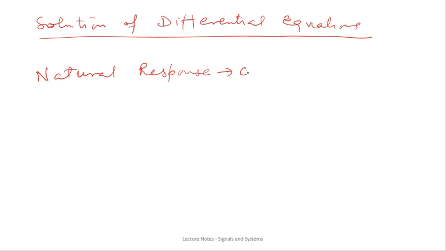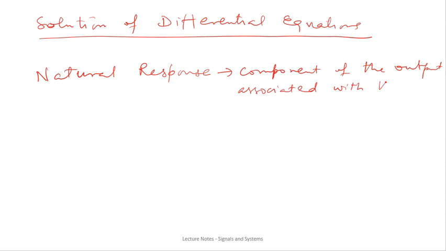Okay, so you can just write it down here: the component of the output which is associated with the initial conditions.